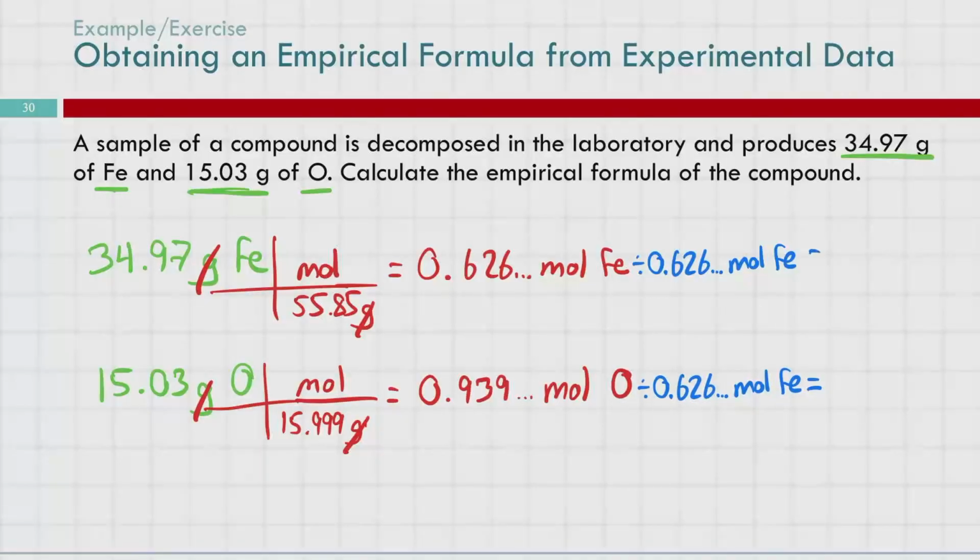All right, one of these we get for free. It's this top one. 1 iron for every iron. Profound truths we're learning. And then for our oxygen divided by our iron, we get to use our calculator.